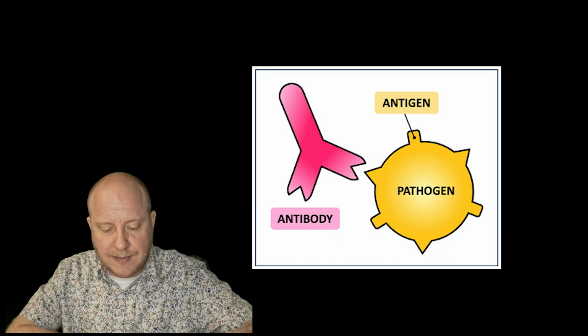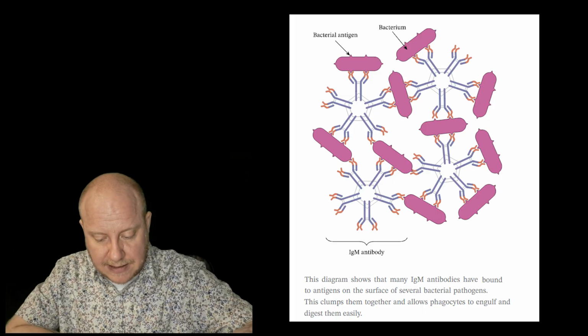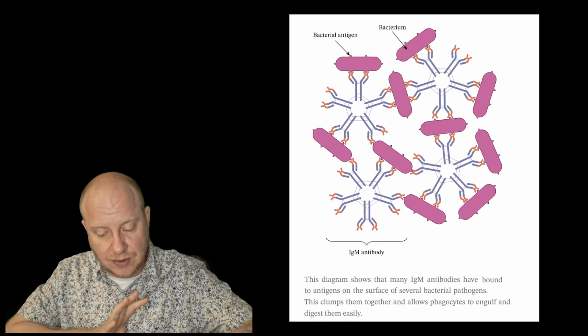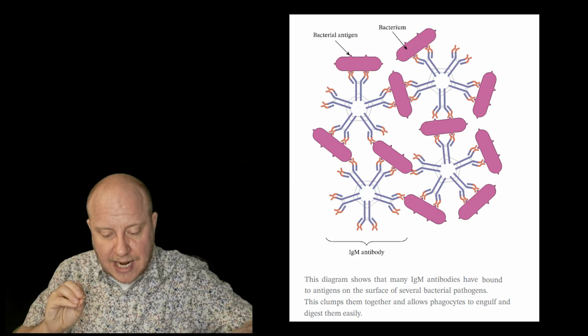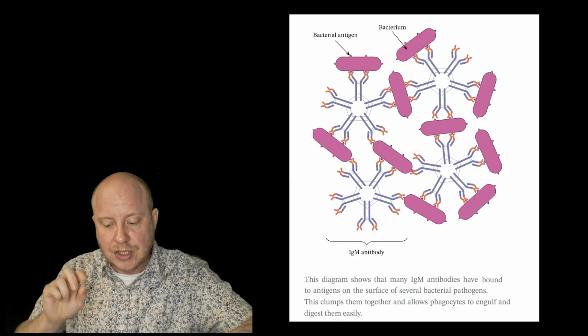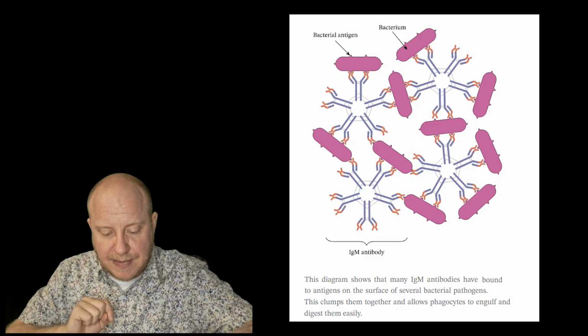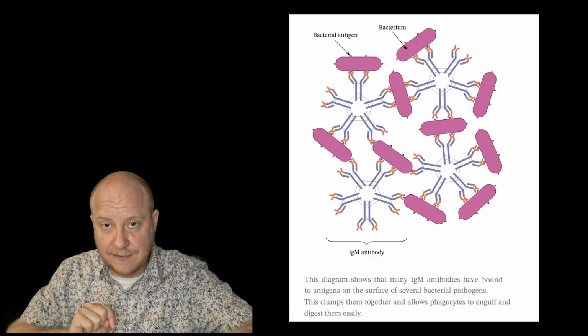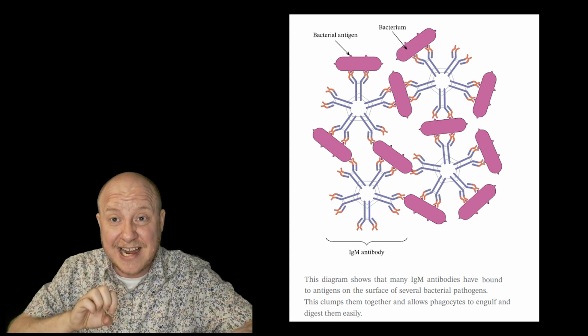Any one antibody has two binding sites. If multiple antibodies bind to a cluster of pathogens, a clump is created because each antibody can potentially bind to two different pathogens. The antibody-bound cluster makes it easier for phagocytes to find and engulf the entire clump.